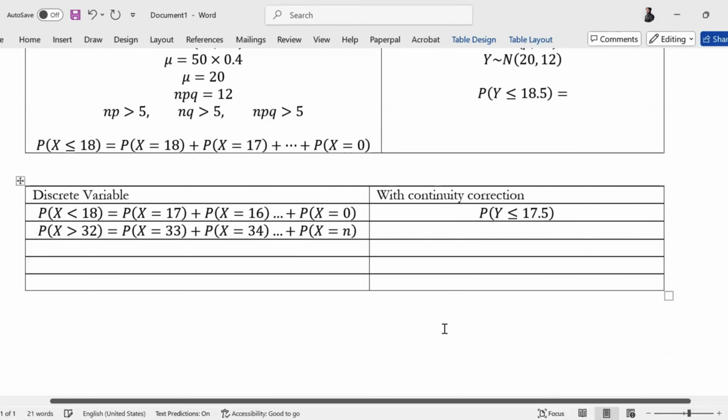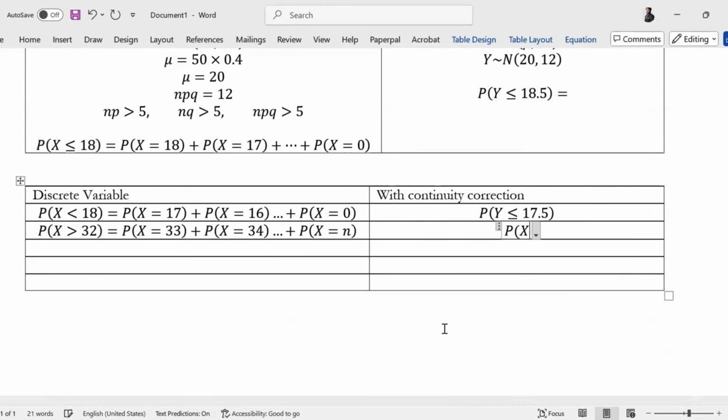So if I wanted to do the continuity correction, taking half extra would mean I'm starting from 33. Think about the number line. I'm going till n. I'm taking 33, 34, 35, and if I take half an extra value, that means Y is greater than or equal to 32.5. That is half extra. Remember, I have to consider the probabilities of all these values and then add them up.